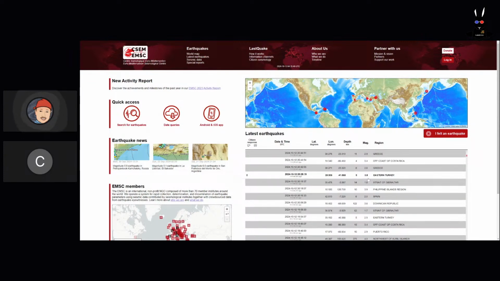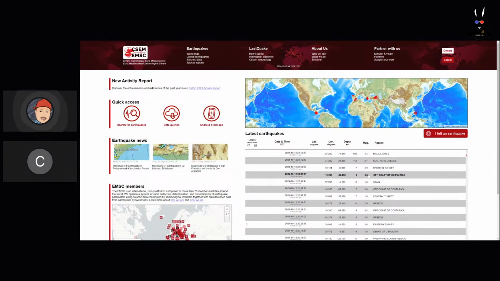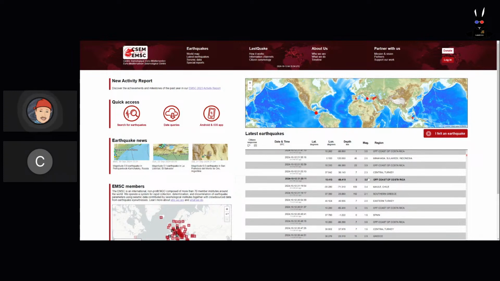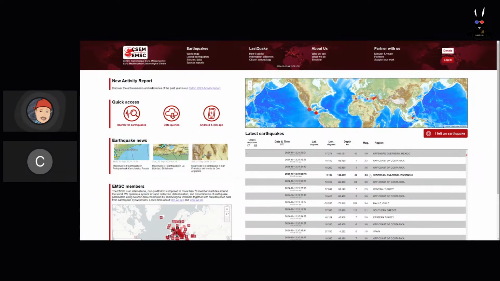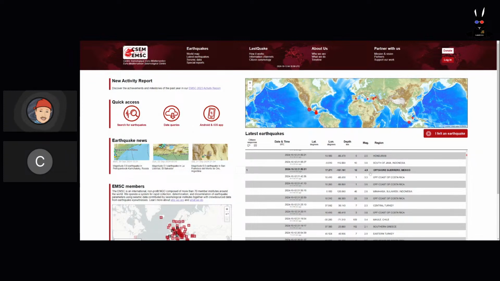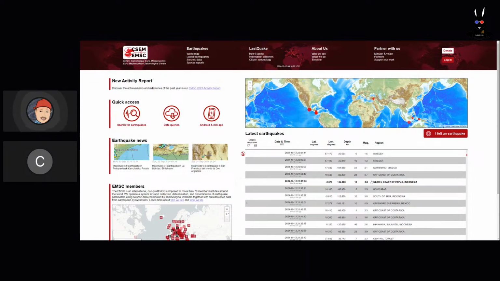DR had a 3.8, 3.4, 3.8, 3.6. Good swarm. 3.8, 3.9, 3.6, 3.3. Guerrero had a 4.9 afterwards. So Costa Rica pushed it to Guerrero. Comes out on the 4.9.